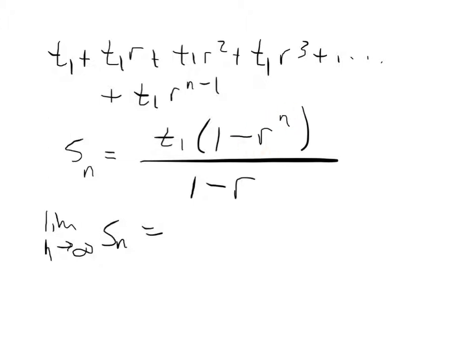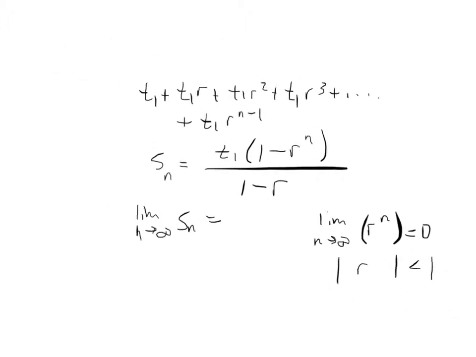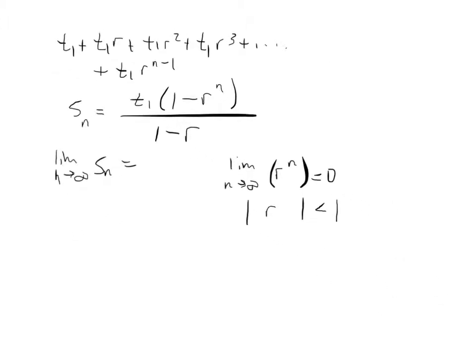And we learned that the limit as n heads to infinity of r to the n will equal 0 if and only if the absolute value of r is less than 1. And again, that should make intuitive sense to you, because let's think about it. Let's suppose we have an r value like negative 1/4.